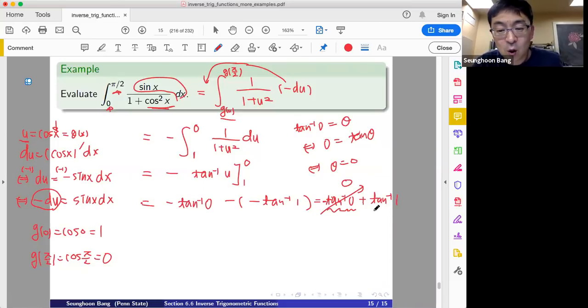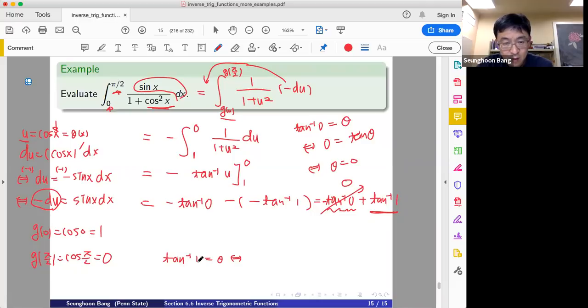The next one. What is inverse tangent of 1? Could you write your answer? How about the other students? Yeah. This angle is theta. You can use the definition.